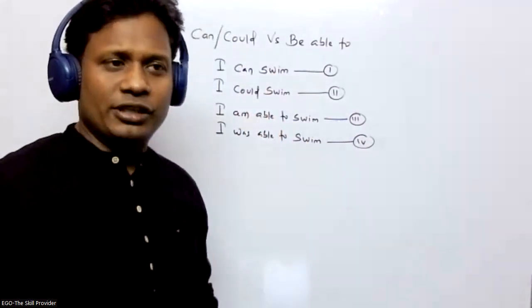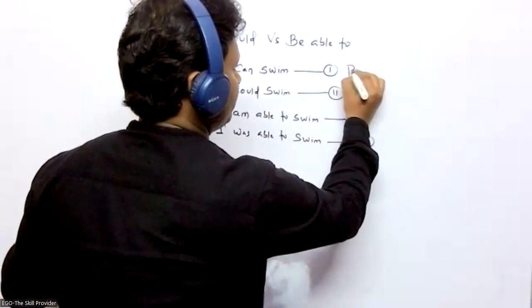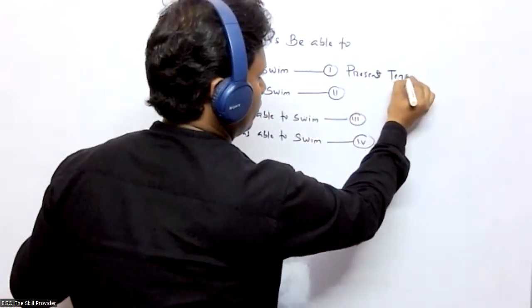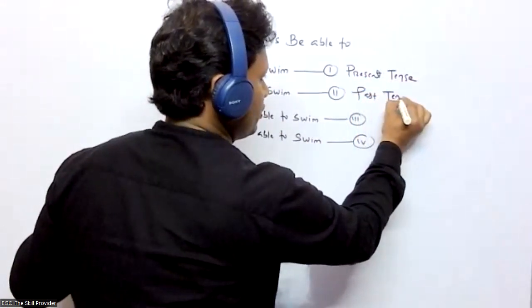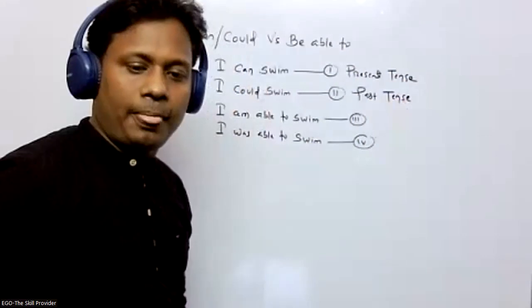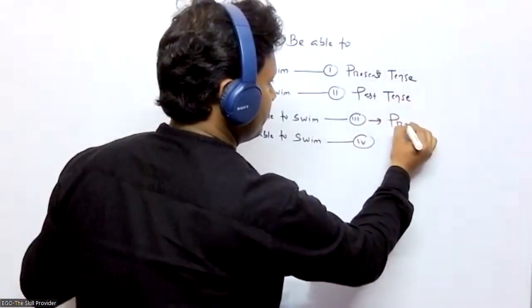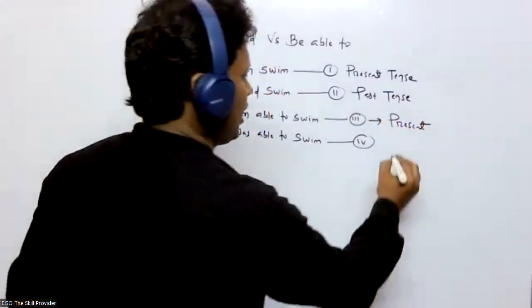So from the above four statements, what exactly can you understand? This is used for present tense, and this is for past tense, right? And this is for present tense, and this is for past tense.